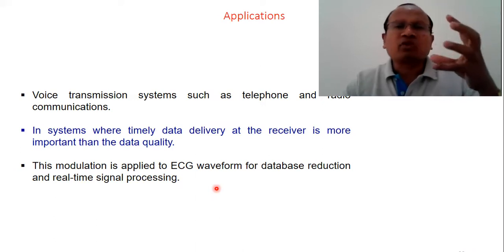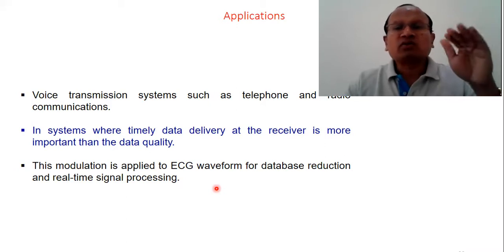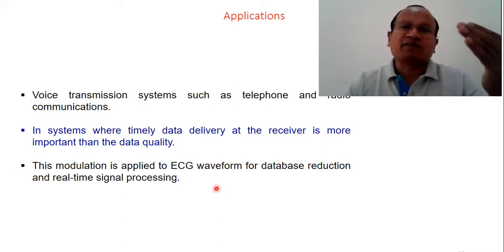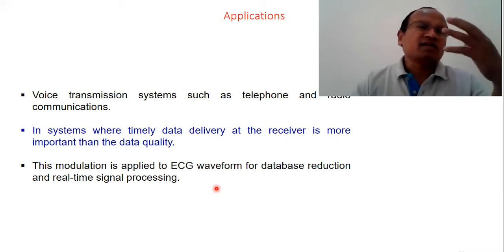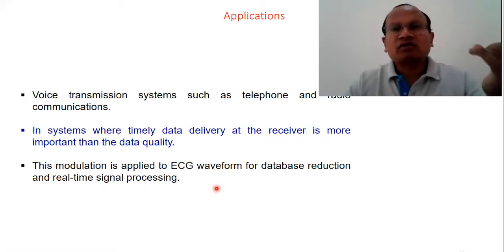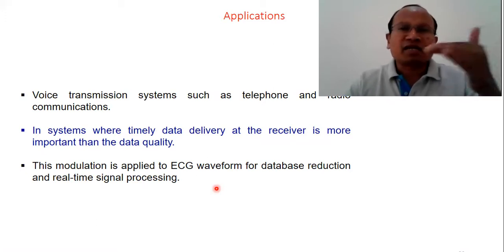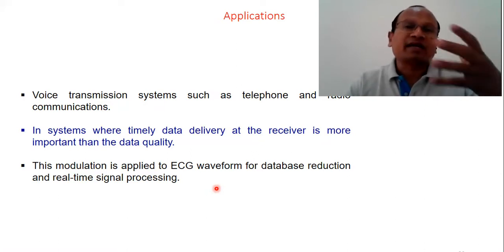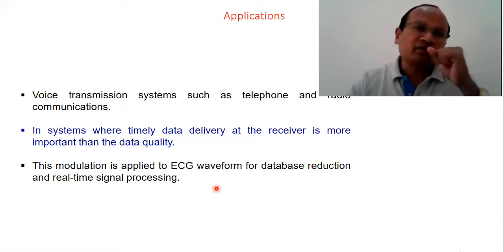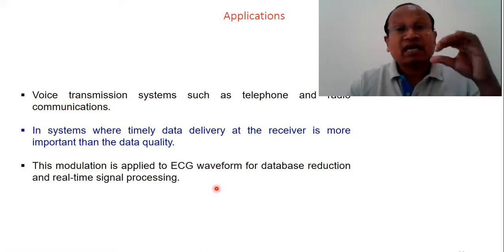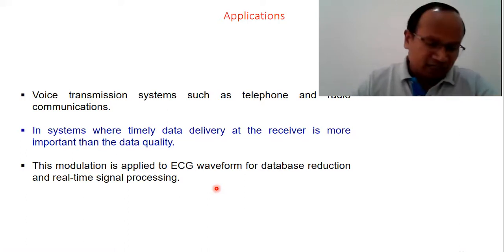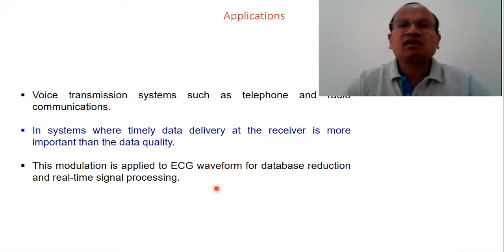So there is a huge amount of information involved. If we can reduce some redundancy, then in the analysis and in the transmission, the burden on data bandwidth and data rate could be eased. And this is why in such applications as well, delta modulation is useful.